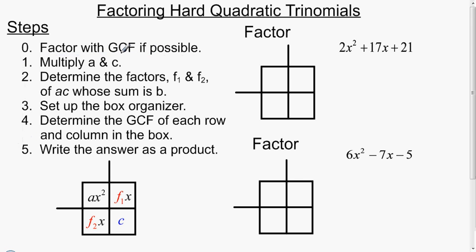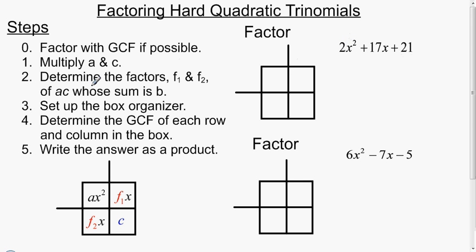Then, if you can't do that, the parts of the process here that are distinct to harder quadratic trinomials are listed here as 1 through 5. And the first thing to do is multiply a and c. Just pointing to this first example here a little bit. A here would be 2 and 21 would be c. Again, it's the first term and the last term we look to find a and c.